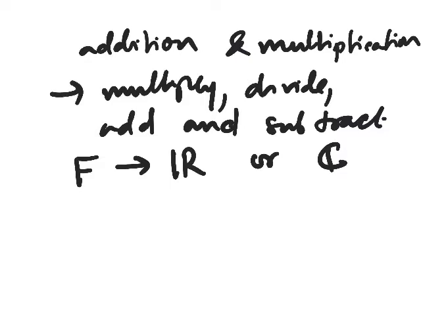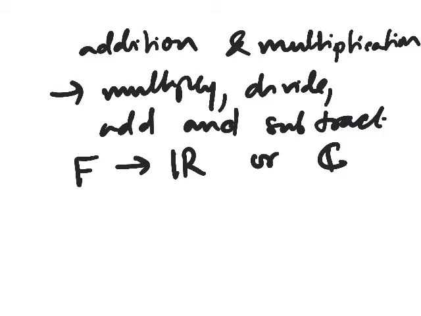Everything is possible in the set of reals, also in the set of complex numbers. So for us the field will be R or C, which means our scalars will always come from either R or C. But keep in mind, in general it can be any field, right? But we will restrict to only R or C.